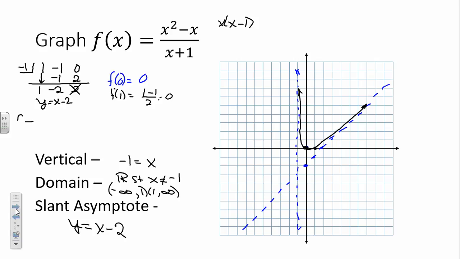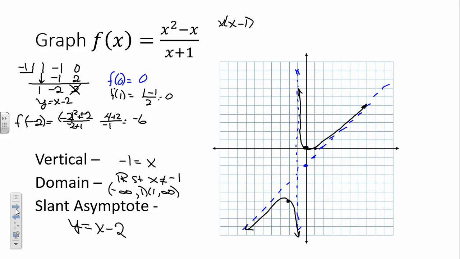So f of negative 2, we're going to have a negative 6, right? Negative 2 squared is 4. Minus a minus will get us plus 2 over a negative 1. So we're going to get a negative 6. So when we plugged in negative 2, we're down here at negative 6. And we can see where it's going.